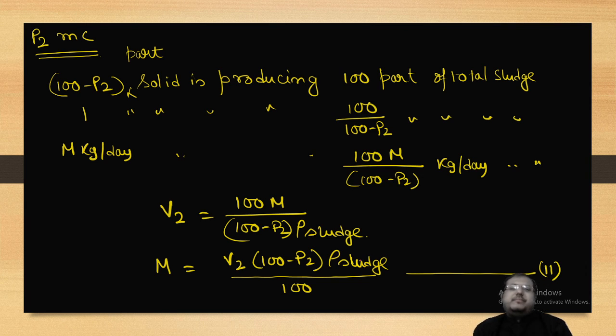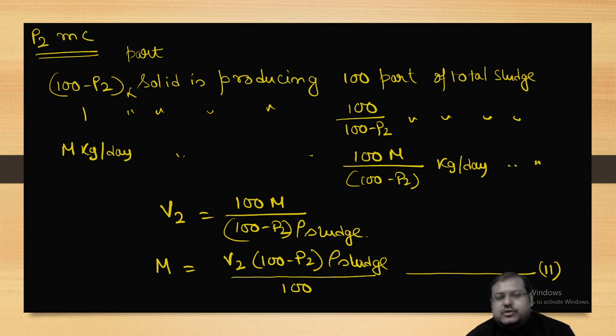So m kg per day of solid is producing 100 m by 100 minus P2 kg per day of total sludge. Correct. So from here V2 will be what?